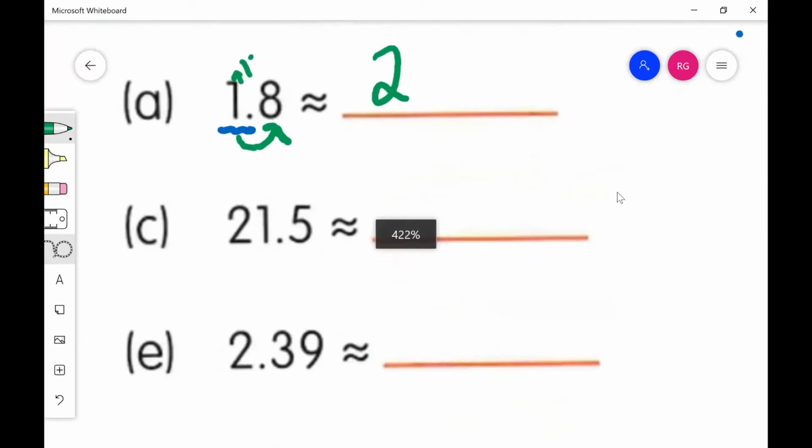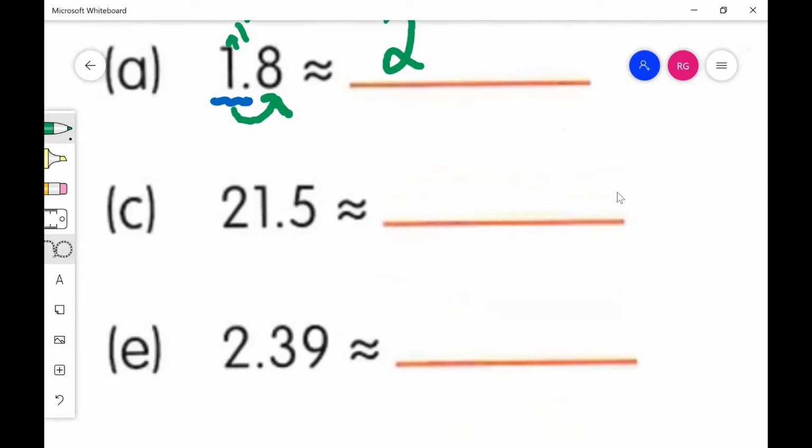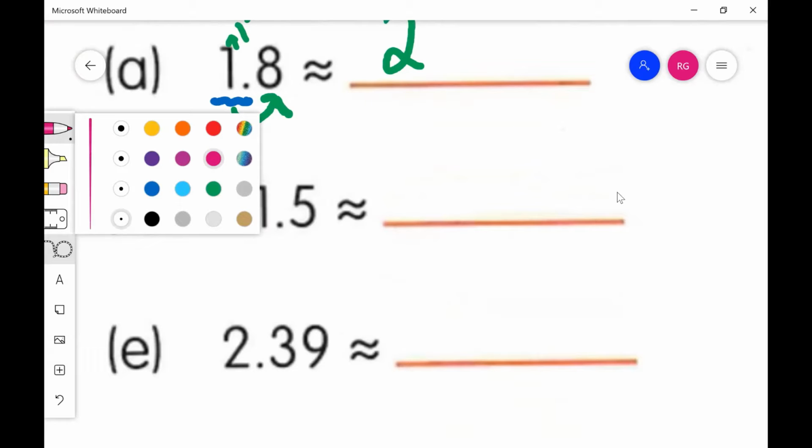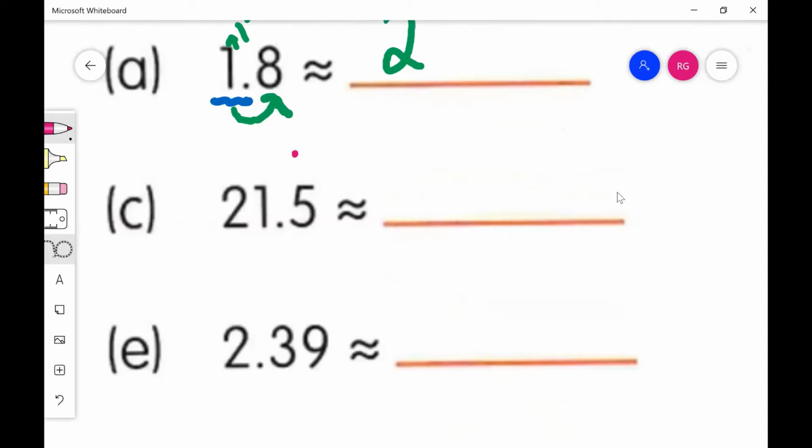Let's move down to C. We'll get to B later. All right, so next one we're looking at 21.5. What number is my whole number here? 1. Yeah, my 1. Okay, step 2. Look to the right. Okay, we see it as a 5. So we need to do what? Round up or down? Round up.